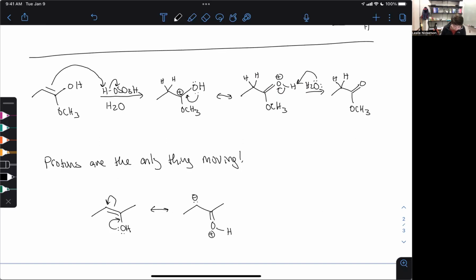All you need to think about is you need to remove this H and add an H over here. So it helps to draw this resonance structure out before starting, to think, okay, I know that this is where my carbonyl is going to be. I've got to deal with this guy and I've got to deal with this guy. Everything else is going to be exactly the same.